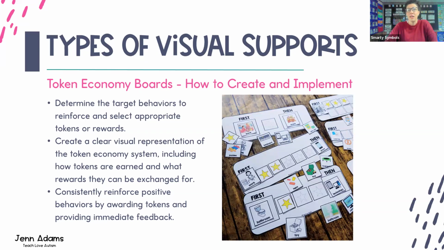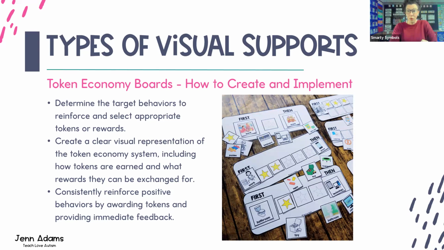So the biggest thing here is making sure you have a clear representation of what it looks like, how are you going to earn them, and what are you going to be able to get in return for earning those rewards or tokens. Again, the other thing I'm going to say with this, like I said with that first then board, is that consistency of follow through.